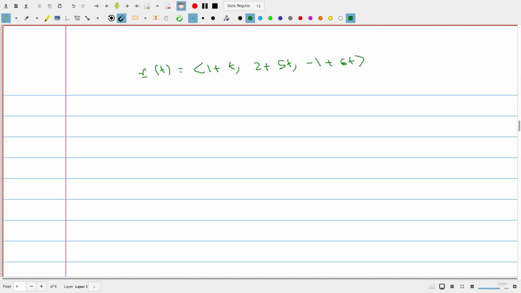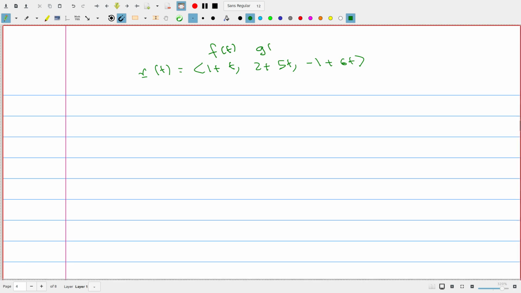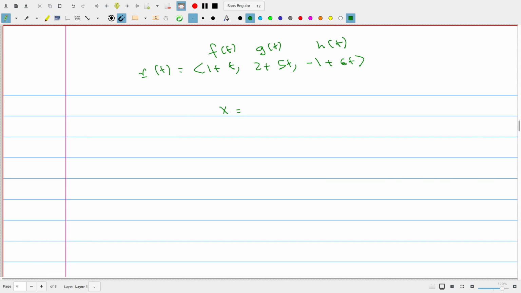Of course, my component functions are 1 plus t, 2 plus 5t, and negative 1 plus 6t. So if I want the space curve, x equals 1 plus t, y equals 2 plus 5t, and z equals negative 1 plus 6t.